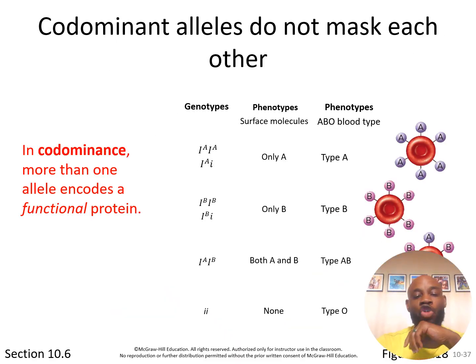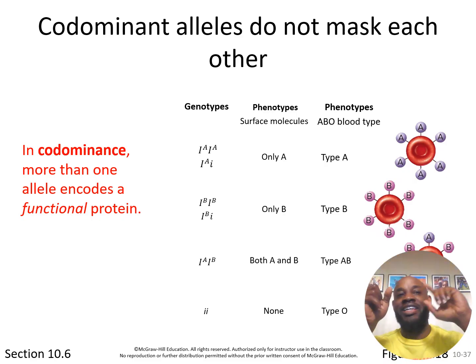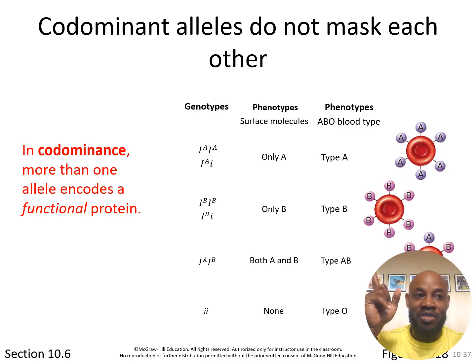You also have codominance. Incomplete dominance is where both are dominant but they blend together. Codominance is different because it says I'm dominant and you're dominant, and we're both expressed independently.